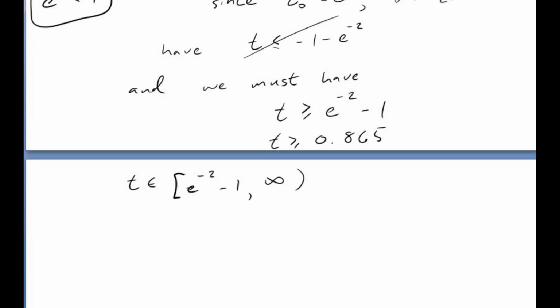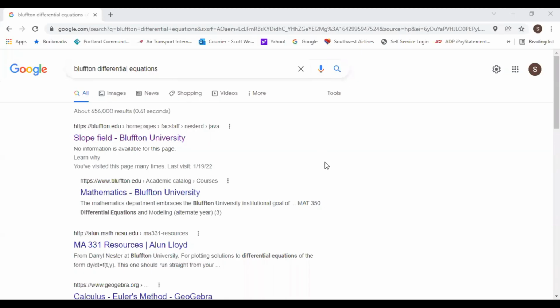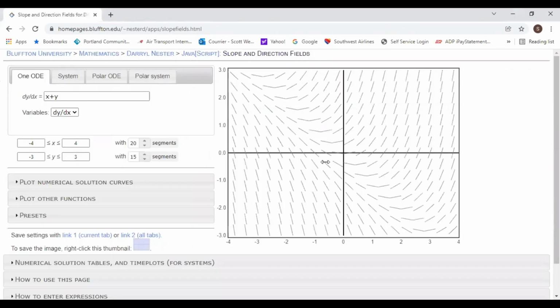Okay, so now let's have a look at what some of these differential equations look like and see if we can figure out visually what all of this means. All right, everyone, here I have just Googled Bluffton differential equations because it's a nice little program that gives us very easy access to slope fields and solution curves.